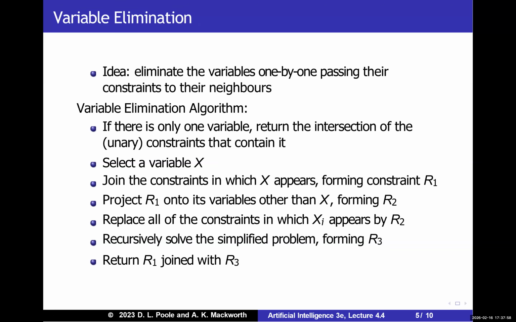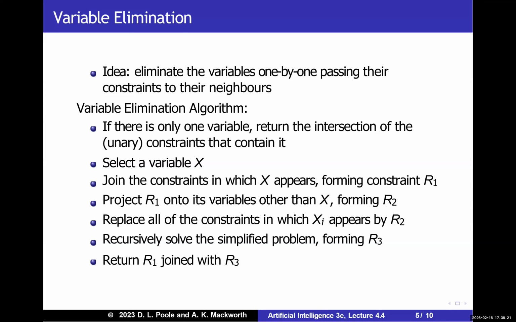So now let's consider variable elimination. Variable elimination is a different strategy for solving CSPs. Instead of searching through assignments, we remove variables one at a time. When we eliminate a variable, we combine the constraints that involve it and pass the resulting constraint to its neighbors.